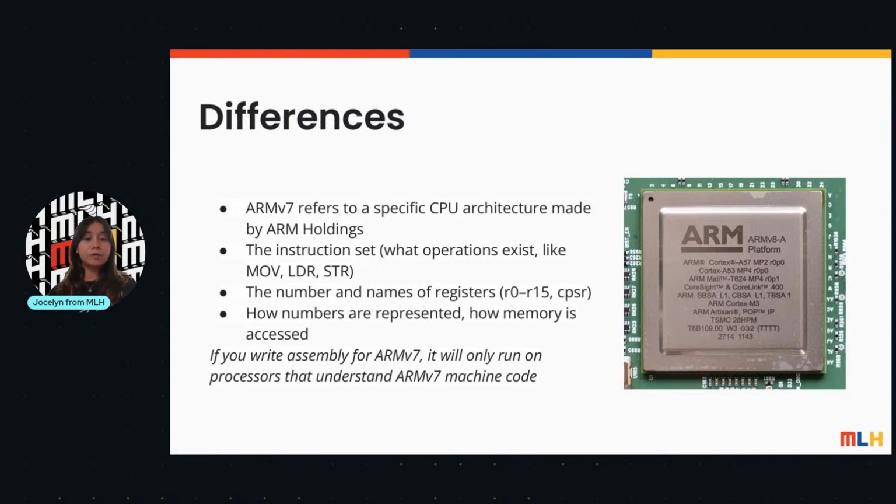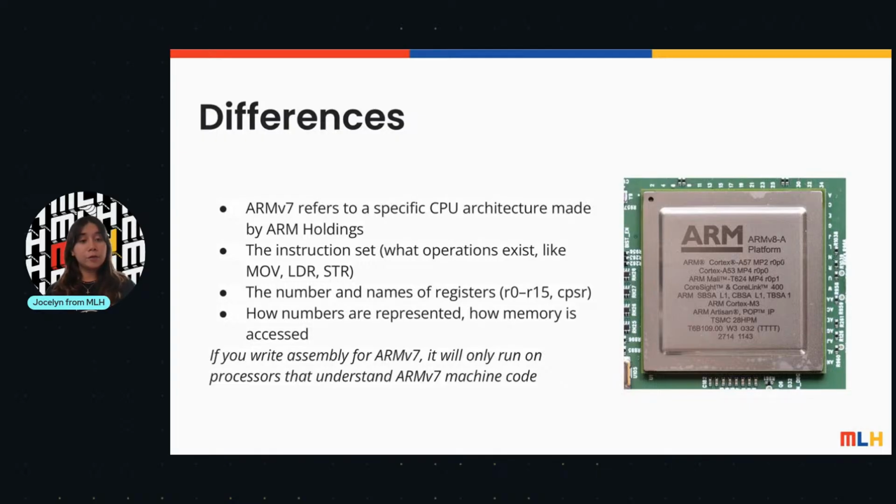So this is named differently depending on the architecture that you are in. If you don't know what a register is, I'm also going to explain that more in depth in the upcoming minutes. And finally, another key difference, depending on the chip that you're using, is how numbers are represented and how memory is accessed inside your board or architecture.